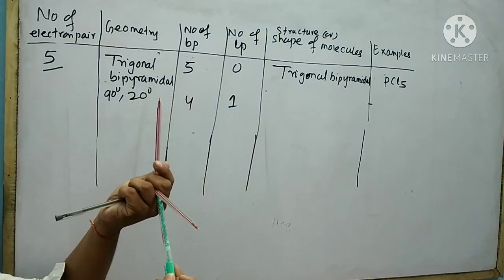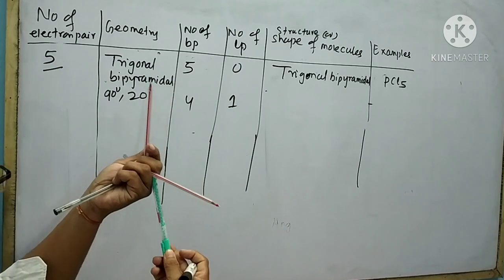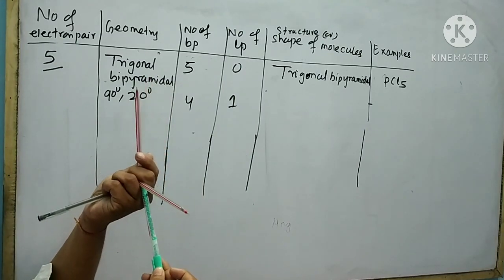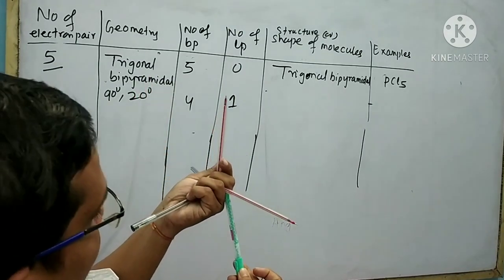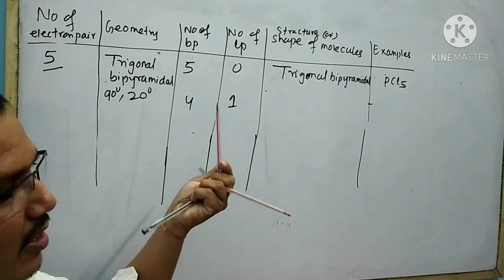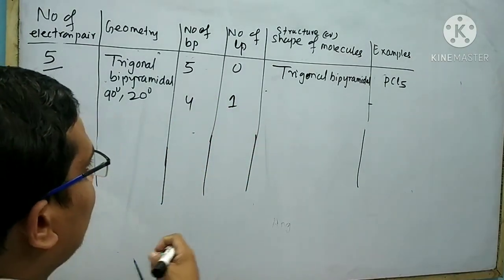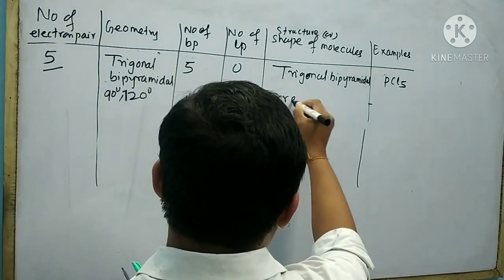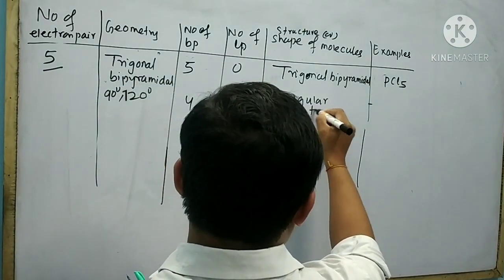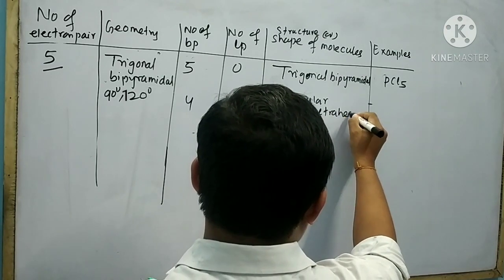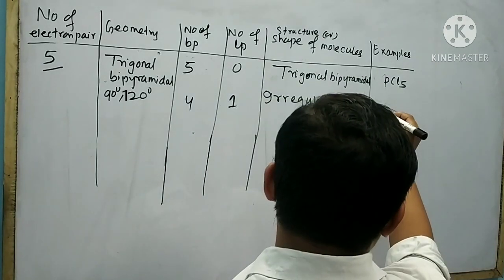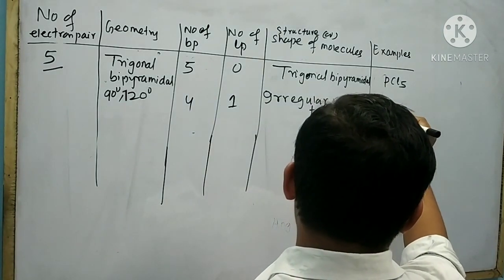So when we think about the 5 electron pairs, then the geometry is trigonal bipyramidal. But when we think about 4 bond pairs without this lone pair, then the shape of the molecule is irregular tetrahedral. Examples of this molecule are SF4, SCl4, etc.